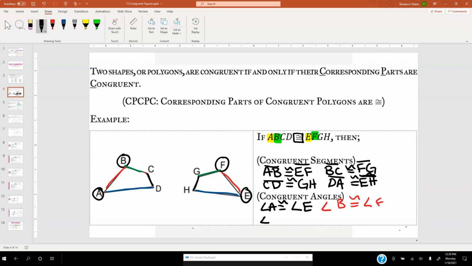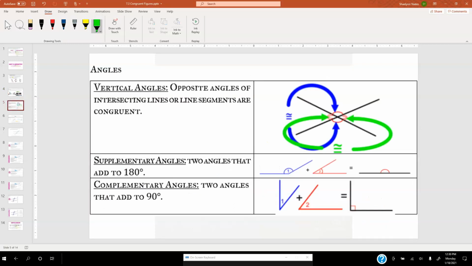We can also say that angle C is congruent to angle G, right here in the congruency statement. And we can say that angle D is congruent to angle H, which again you can see in the congruency statement.